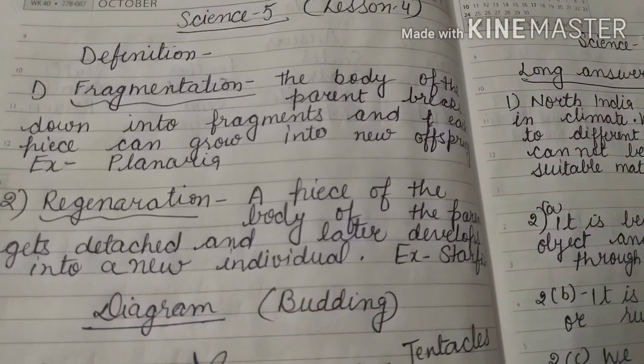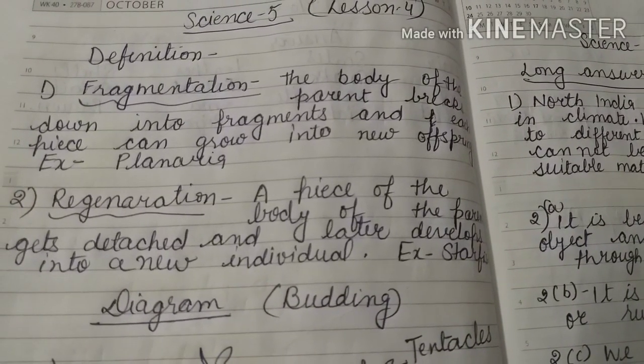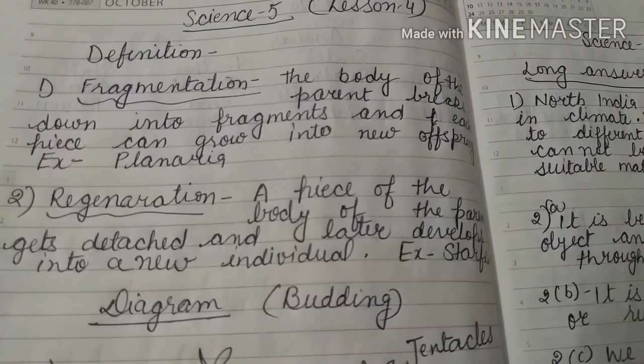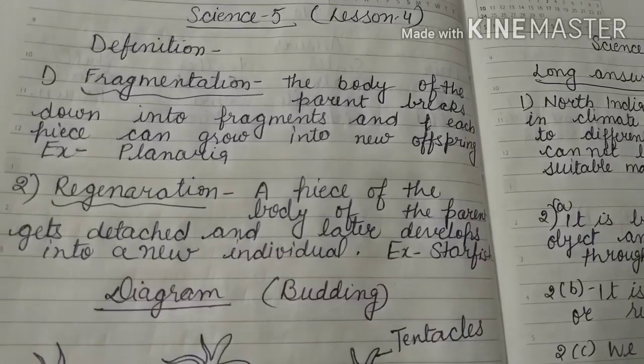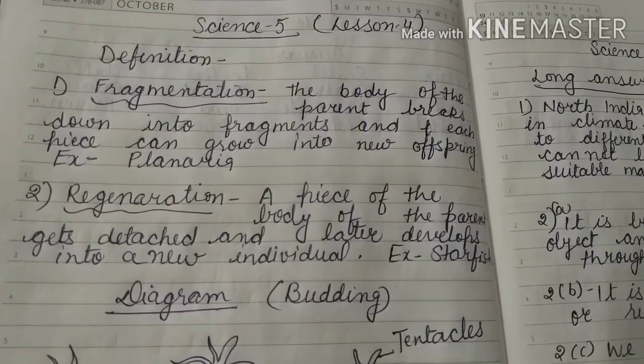Now definitions. Fragmentation: the body of the parent breaks down into fragments, and each piece can grow into a new offspring. Example, planaria is an example of fragmentation.